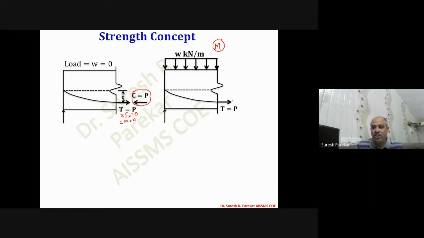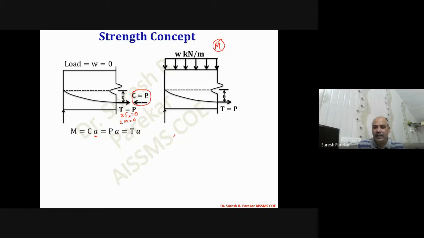So it will be shifted and it will develop a moment which is equal to the external moment, and therefore we say the shifting is equal to a. So we have M, the external moment, equal to C into a, equal to P into a, equal to T into a, because we have T equal to P, C equal to P.